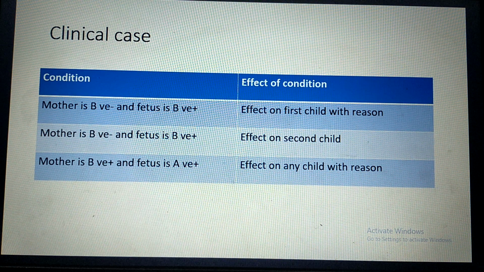Therefore, though antibodies are present in the maternal circulation against the A antigen of the fetus, they do not cross the placenta to destroy the fetal RBCs. So there is no effect in the third case.